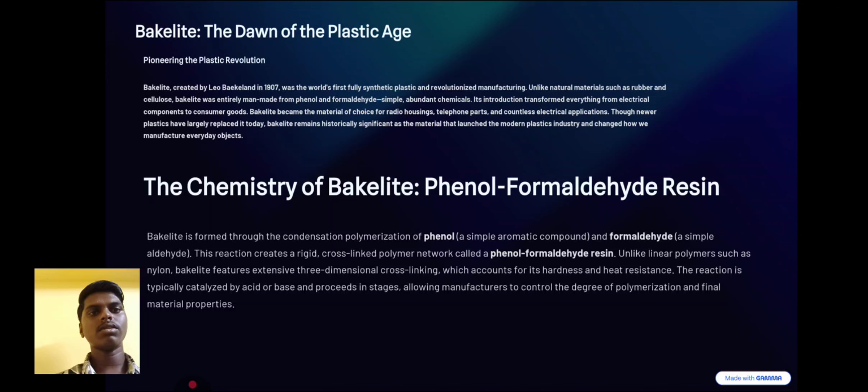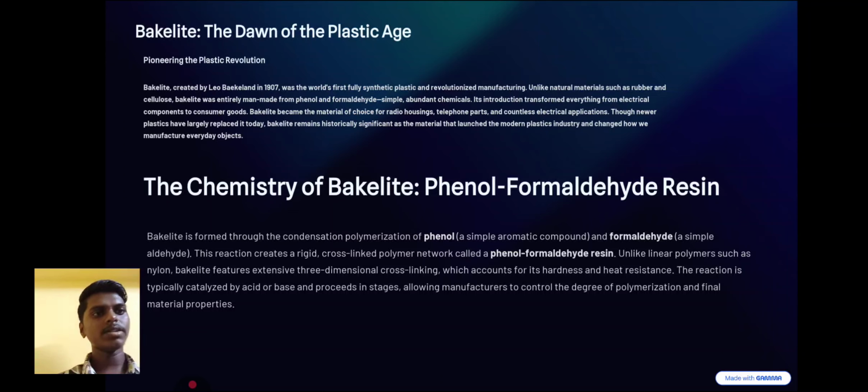Bakelite, the dawn of the plastic age, pioneering the plastic revolution. Bakelite was created by Leo Baekeland in 1907. It was the world's first fully synthetic plastic and revolutionized manufacturing.